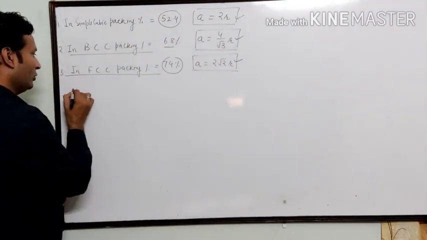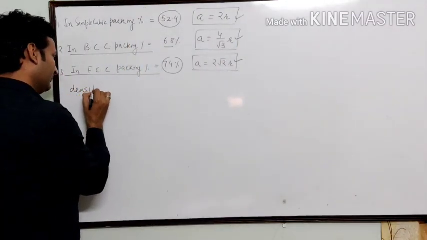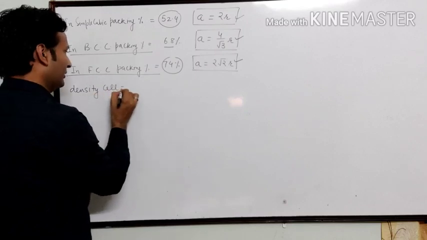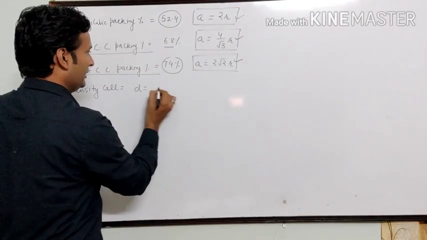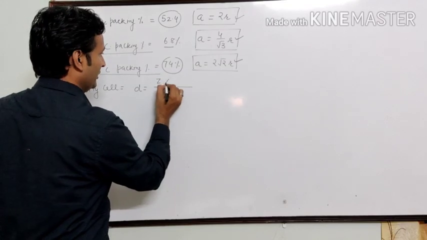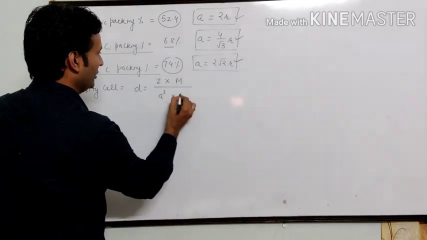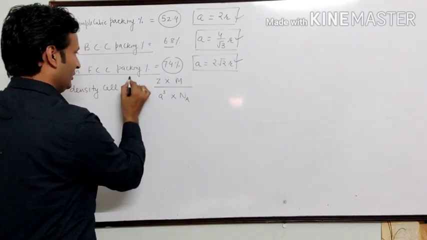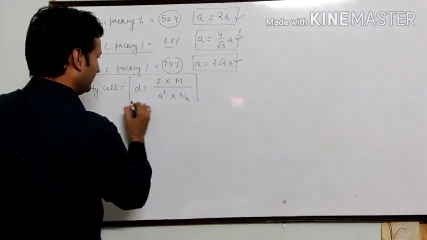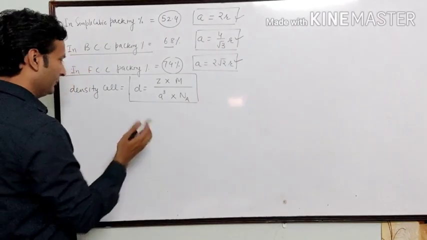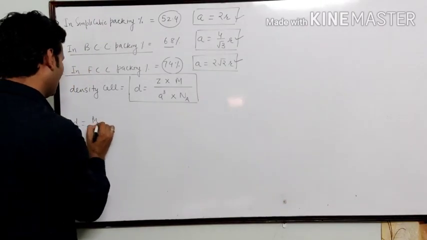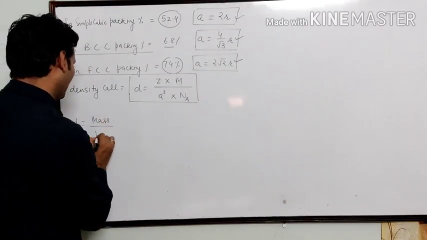The density of a unit cell can be calculated with the help of the formula D is equal to Z into M upon a cube into NA. So it is the formula of density which can be easily derived. As you know, density is equal to mass upon volume.